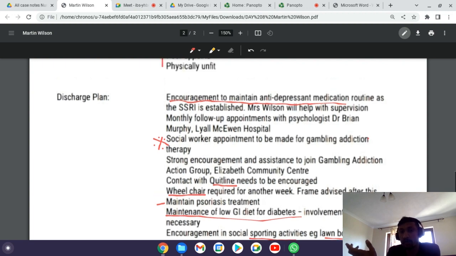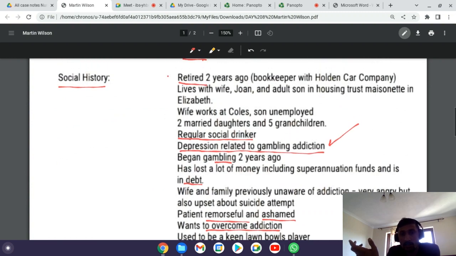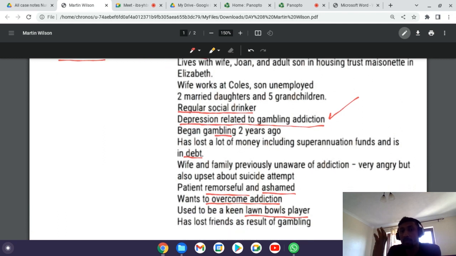Because you are going to write a letter to the social worker, the social history is important. In that social history, the priority is the gambling addiction and the depression related to the gambling addiction. When you talk about the gambling addiction, you should club information like he began gambling 2 years ago.